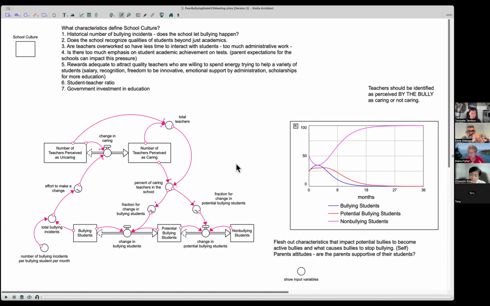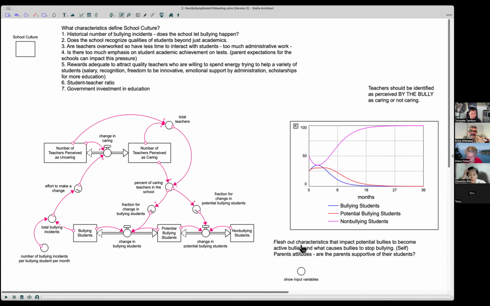This is a model that can go on for a while because the whole idea of bullying is very, very big. So we want a not too big model to start with. Otherwise, you really want to test it in pieces at a time. So you would play with this structure for a while until you felt you had a pretty good result. Then you would add some school culture items and play with that.